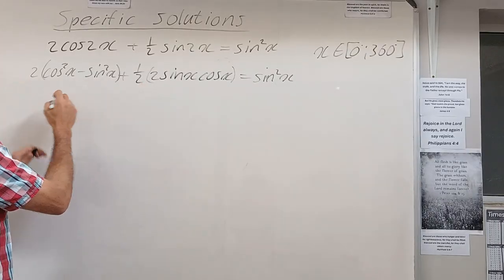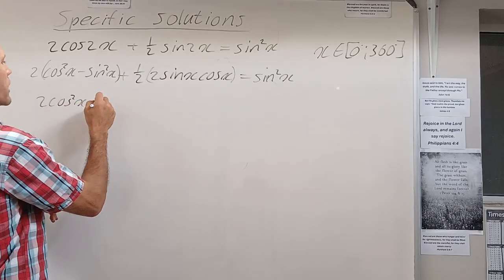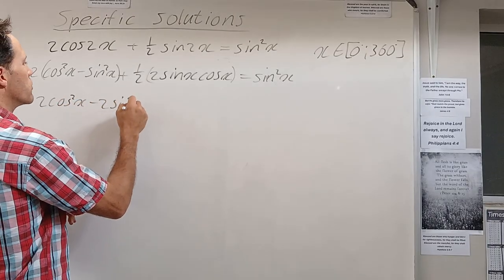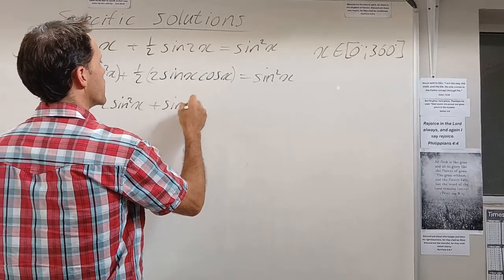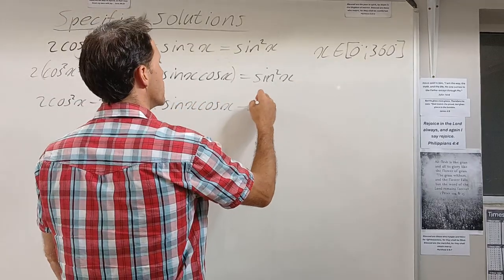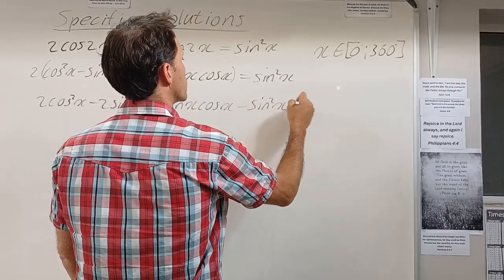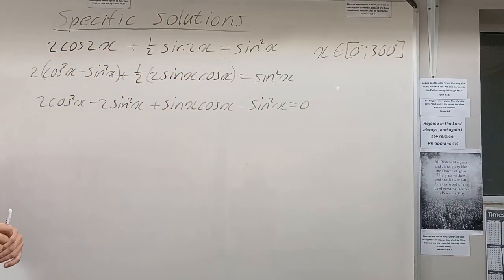So let's say we do this and then we get 2 cos square x minus 2 sine square x, and then half times 2 is 1, so it's plus sine x cos x. Now let's take this one over, minus sine square x equal to 0, because we want it to be equal to 0. So we just simplify it a bit.